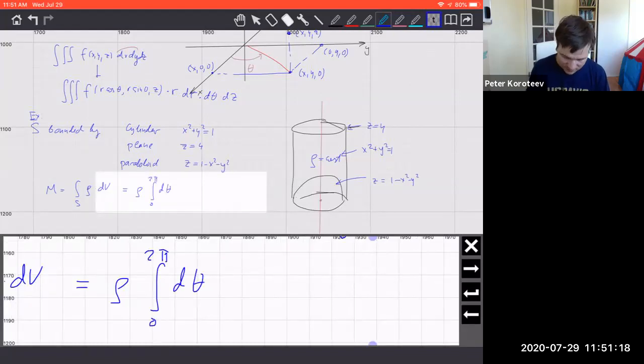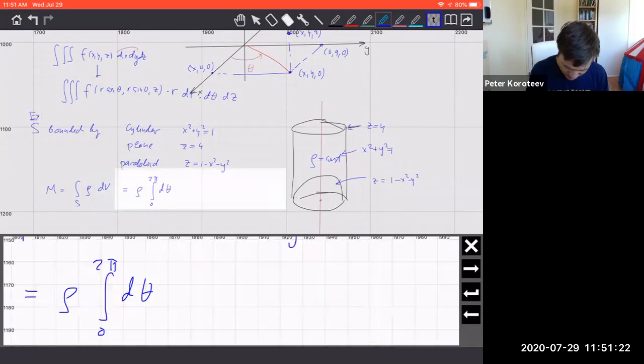It will simply give us the multiple of 2 pi, right? And then there will be an integral over r, over the radius.